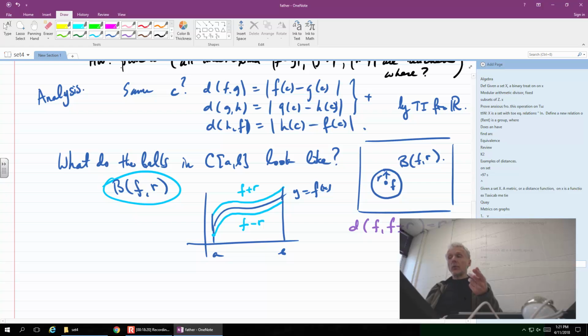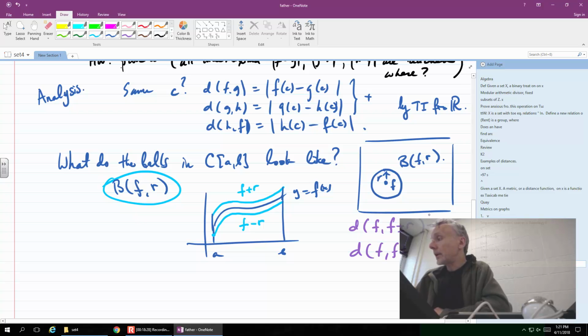This is not the whole story. Let's take it one step further. For example, I go with f plus or minus, say, s, and the distance is equal to s, and s is less than R. Then I have a bunch of examples of functions that are in my ball right here, say f plus s.